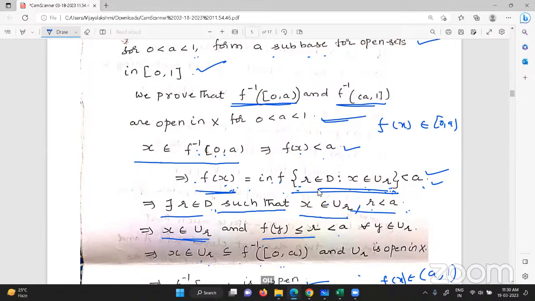And x belongs to U_r and f of y is less than or equal to r, less than a, for all y belonging to U_r.